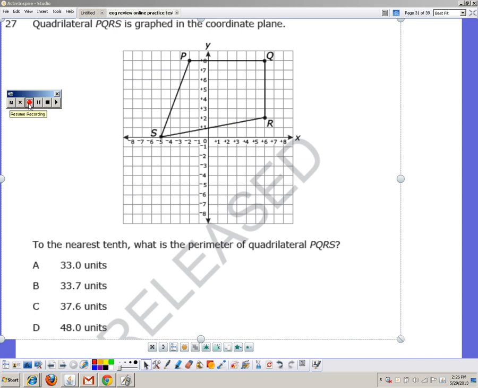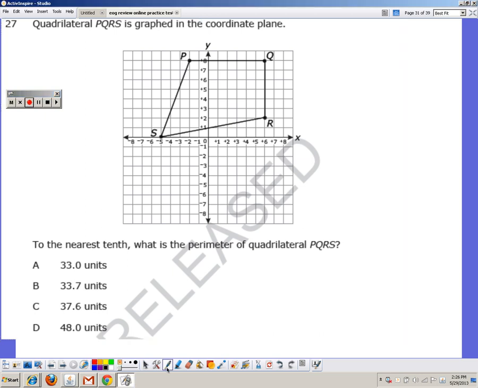And number 27, since you have to find the perimeter of the shape, you will have to use the distance formula. Now, if you notice in this problem, for two of the sides, PQ and QR, you will not do the distance formula since they are perfectly vertical and horizontal lines. You can just count those two sides.